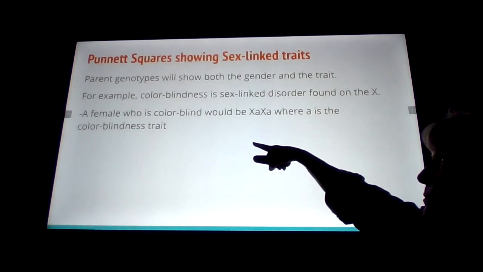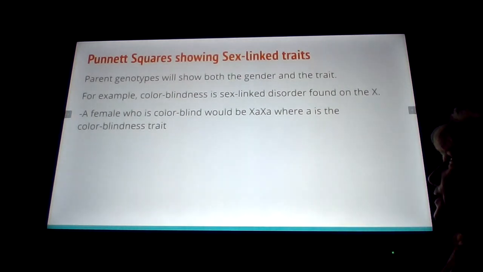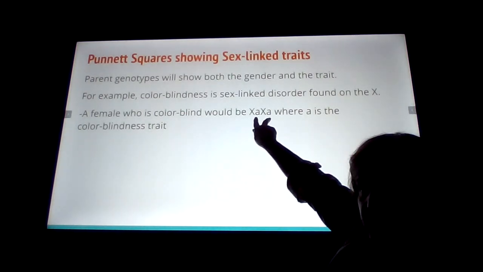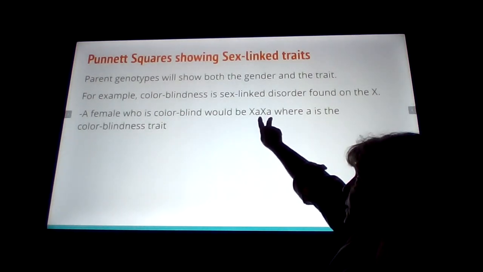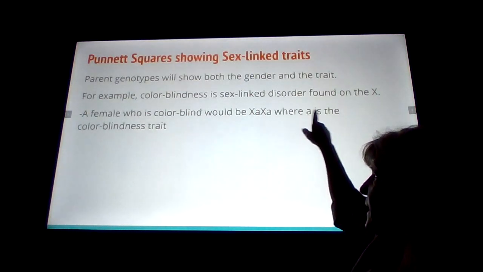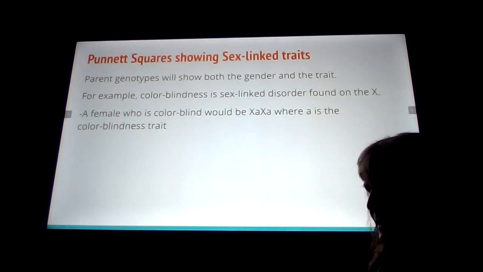So if we're talking a female who's colorblind, she would have X little a, X little a. She has two X's because it's a female. She has two recessive alleles because we know that she is colorblind. And again, a is the colorblindness trait in this particular example.